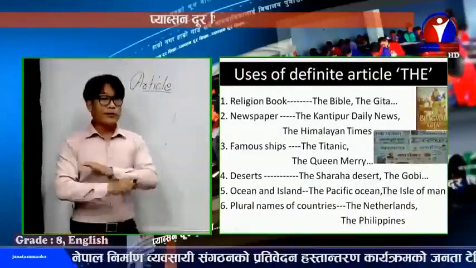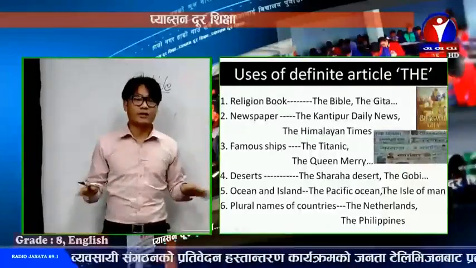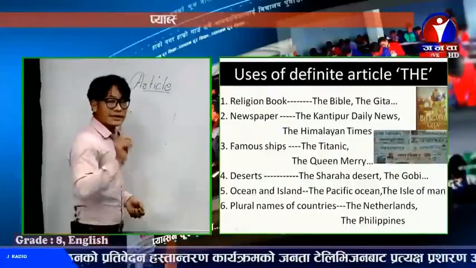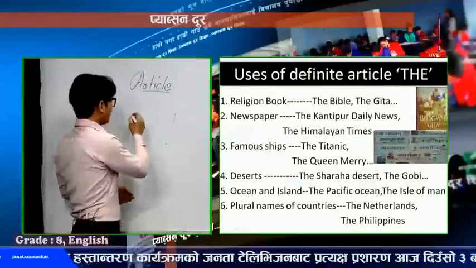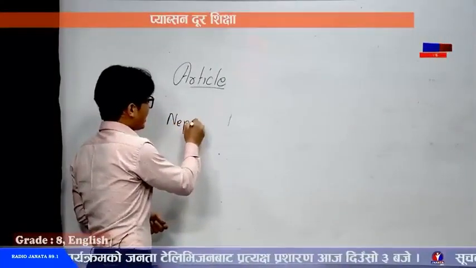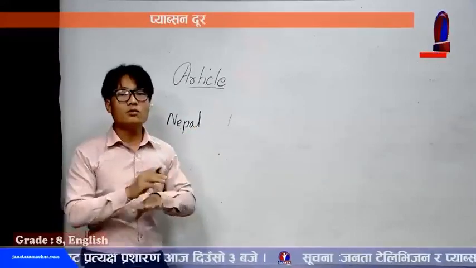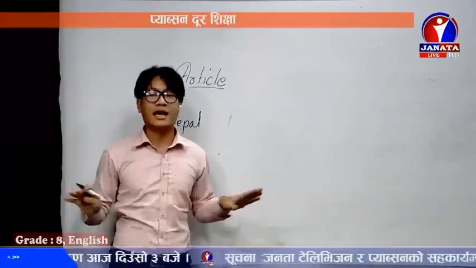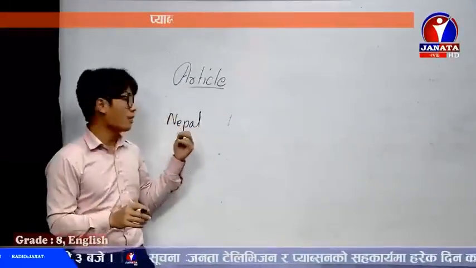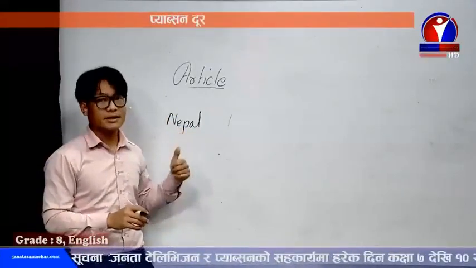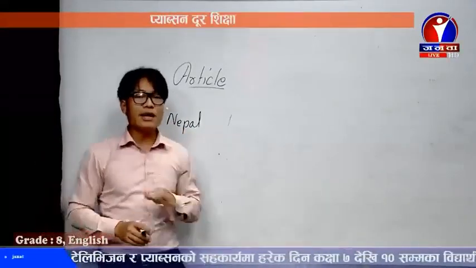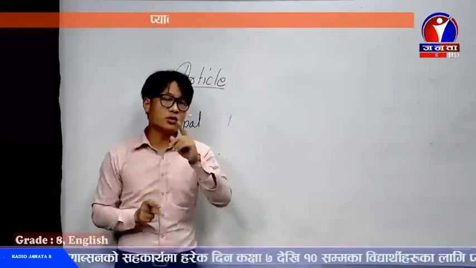Next, plural names of country. If there is a singular name of country, like Nepal, if there is only Nepal, then you should not use any article, because this is a proper noun. But if there is a plural name of country, then you should use the article.